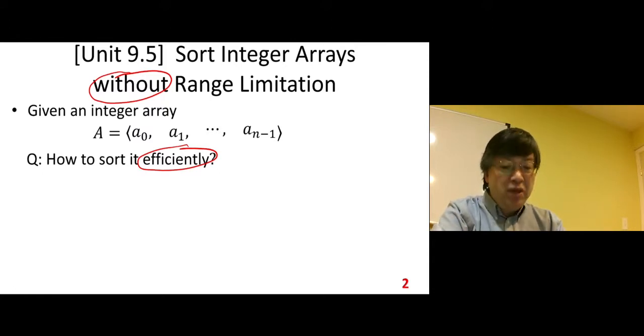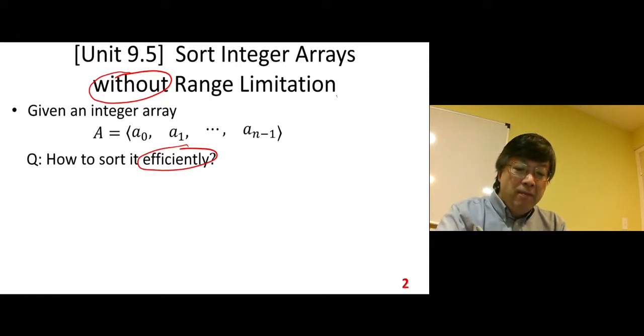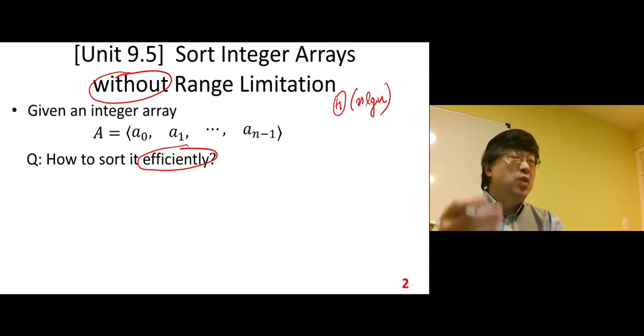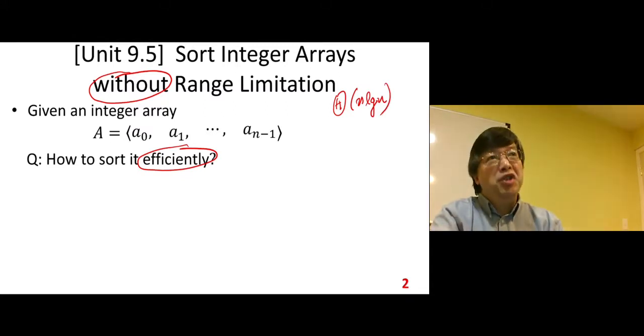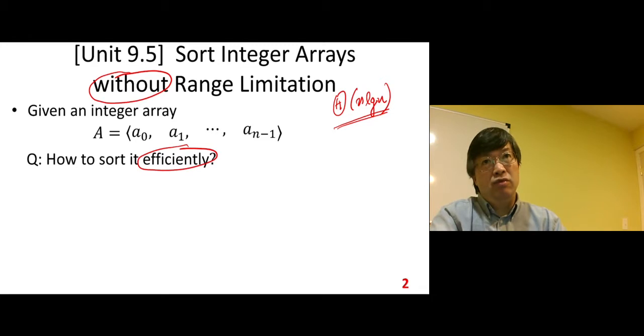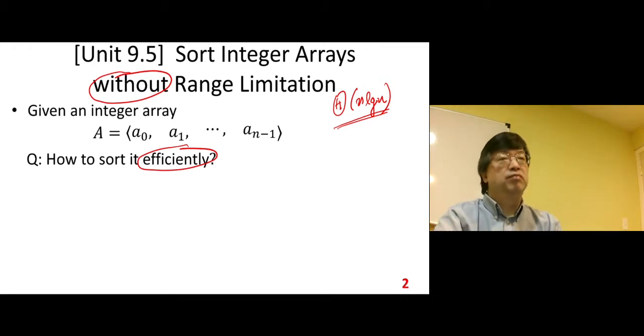Definitely it must be better than big theta of n log n, because we have many existing sorting algorithms that can do this. If we only get this much, then we do not need to find a new sorting algorithm. So we should do better than this.